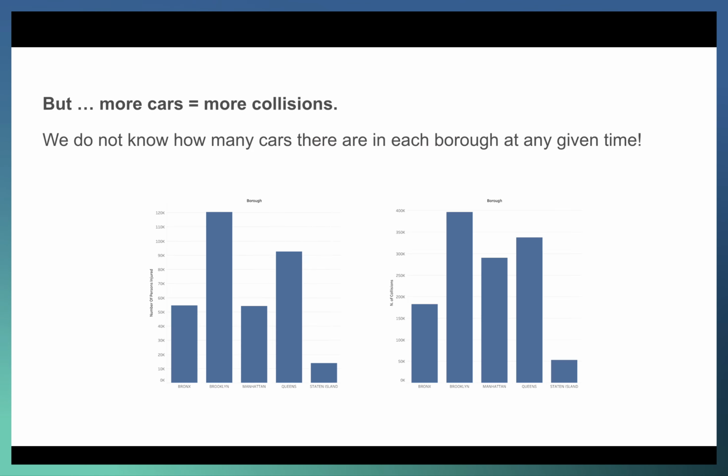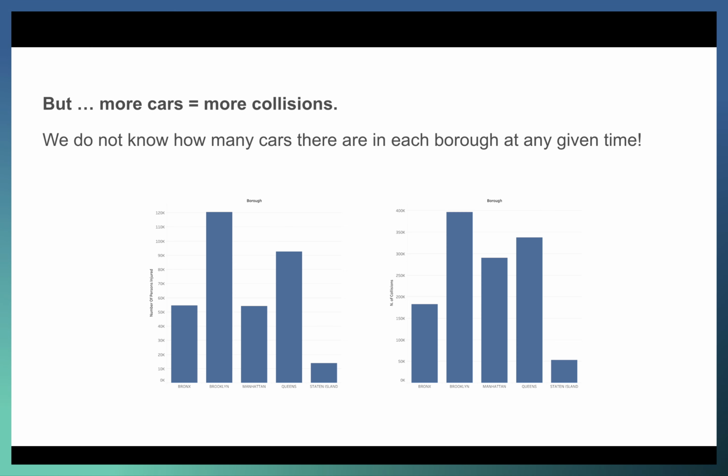However, the problem here is that if you think about it for a moment, the more cars there are in a region, the more collisions there will be. And we do not really know how many cars there are in each borough at any given time. So in other words, when we look at these two charts, the numbers that we are visualizing here are heavily influenced by how many cars are in that region at any given time.